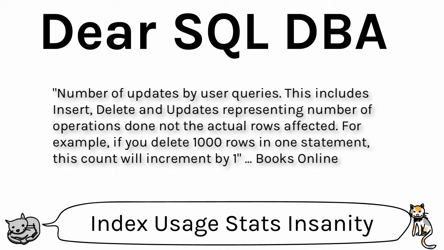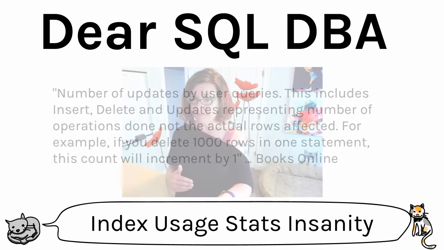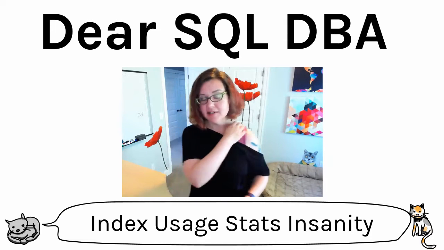This includes insert, delete, and updates representing the number of operations done, not the actual rows affected. For example, if you delete 1,000 rows in one statement, this count will increment by 1. So that's all in Books Online.